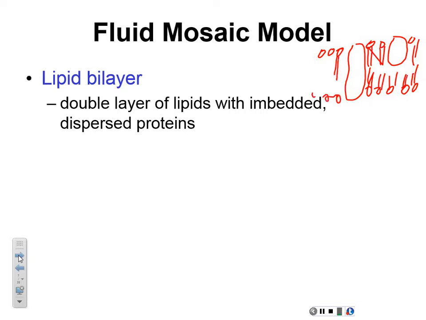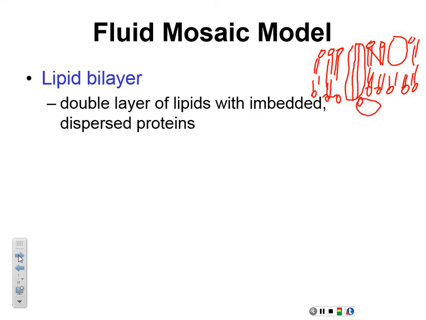This could be a channel protein as well, or it could just be a receptor protein that's attached to other proteins inside of the cell, and that will do certain functions.